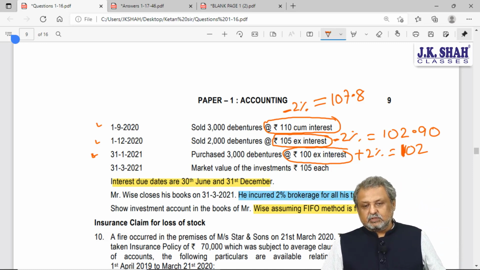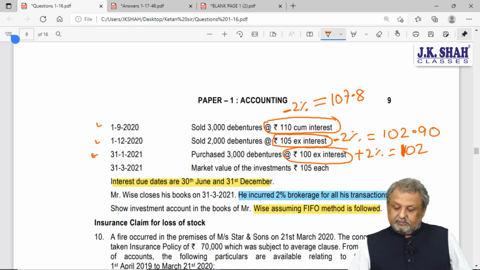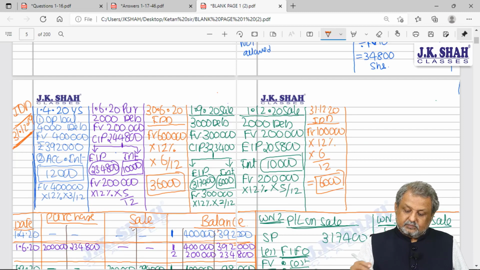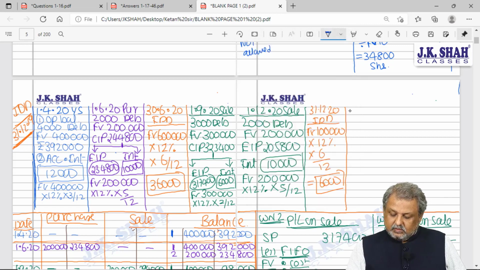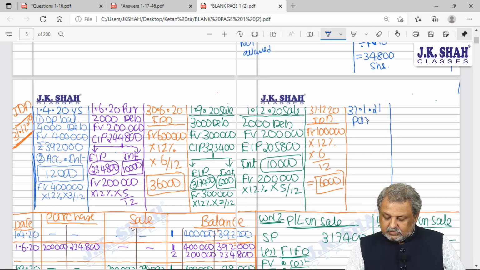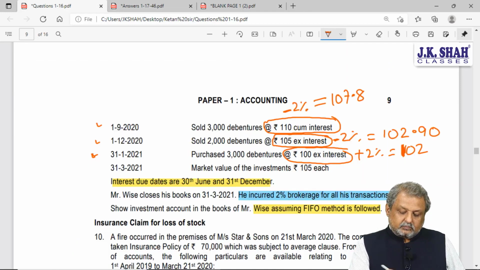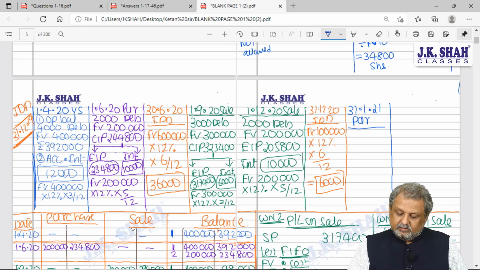Okay, so purchase 31st January 2021, purchase 3,000 debentures.